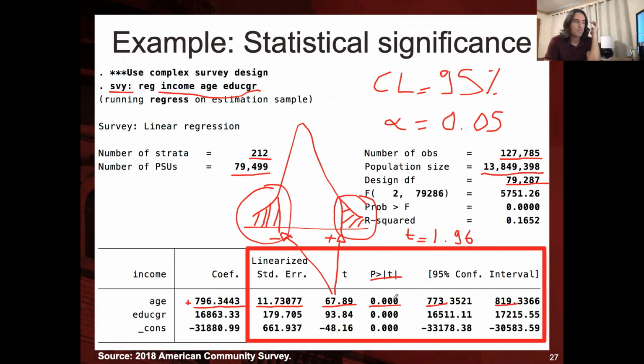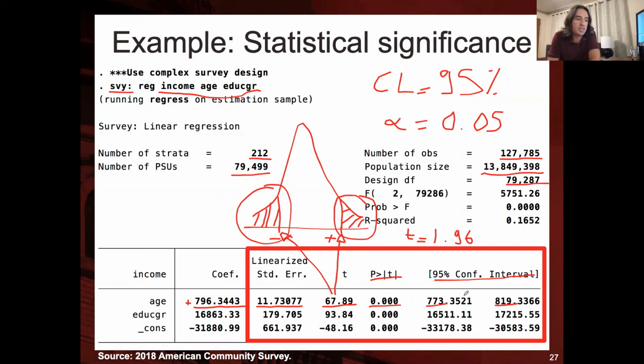Okay? So that's how you calculate the confidence interval. Some people in public health, when they report the results from regressions, usually tend to report the confidence interval. That depends a lot on the area that you are in.